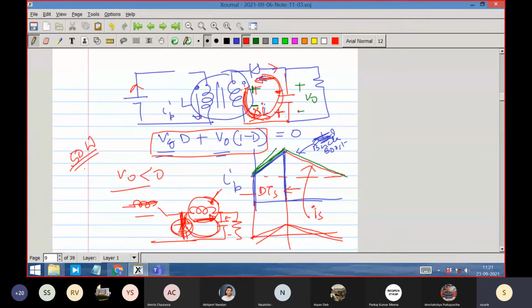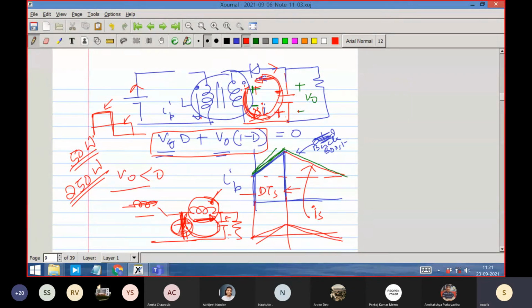But if you want to construct a 250 watt converter with this, you will struggle, because the device rating will be abnormally high. And you know that if a current is peaky, then the RMS current increases, right? If I can get the same average value through a flatter current, it will have less RMS value than this.